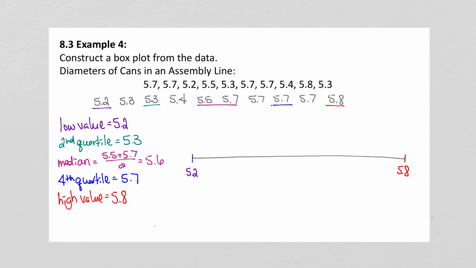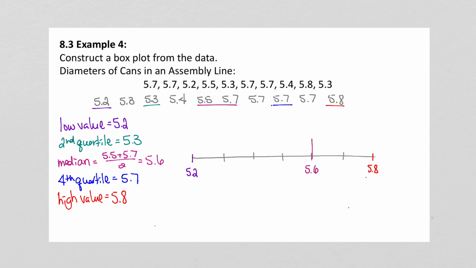We need to go from 2 to 8. So 2, 3, 4, 5, 6, 7. I need to move 8 down a little bit. There we go. And so our median at 5.6.